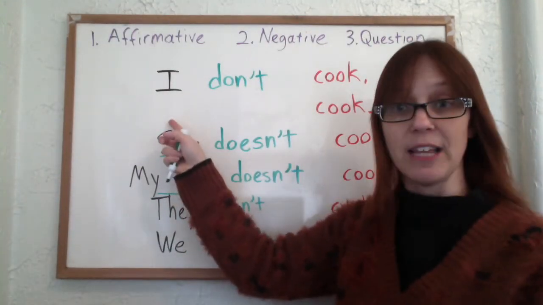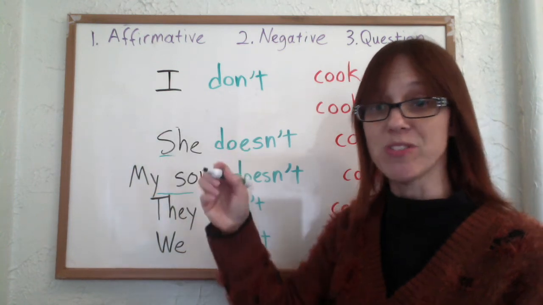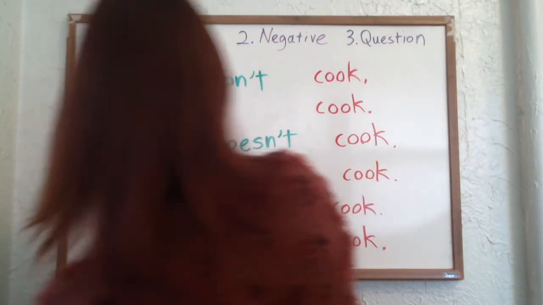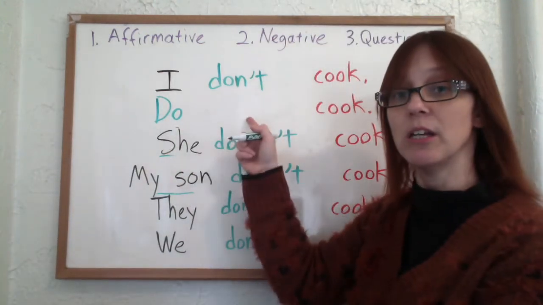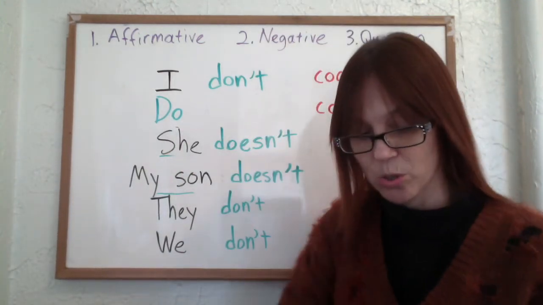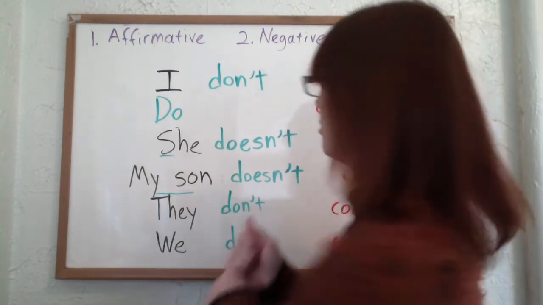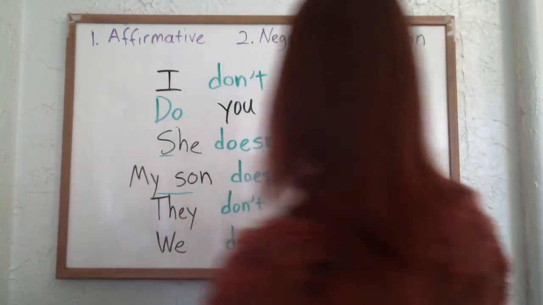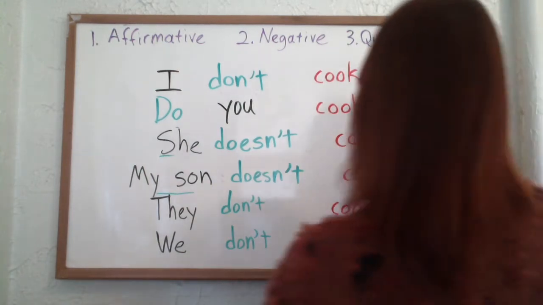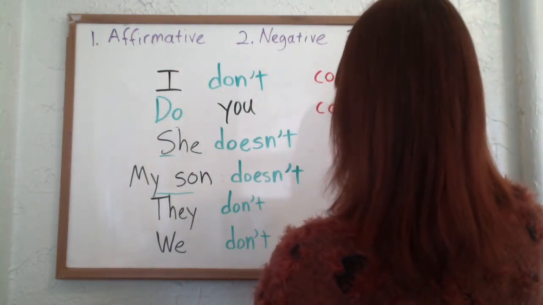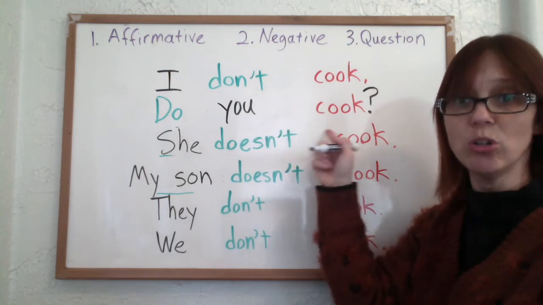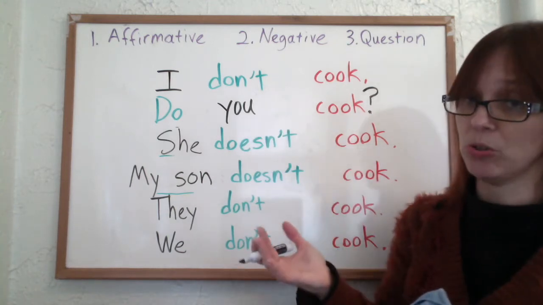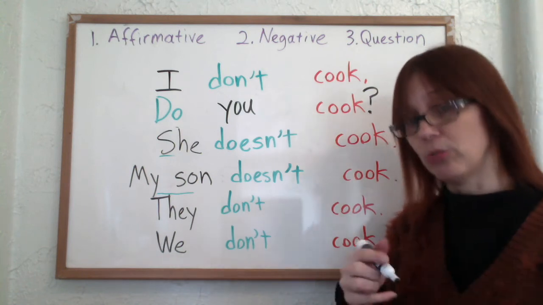And the first letter is always capital, so it's a capital D, small o, you. Do you cook? And now it's a question. Do you cook? Yes, I do. Or no, I don't.